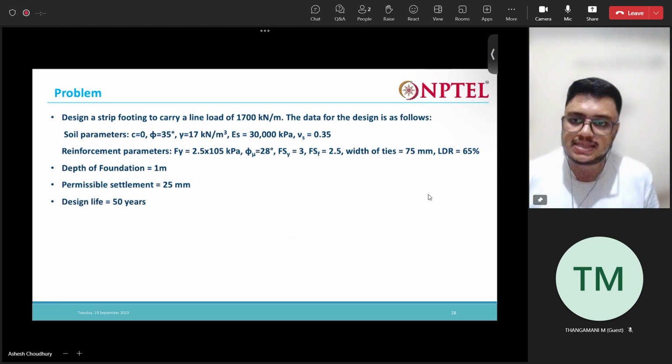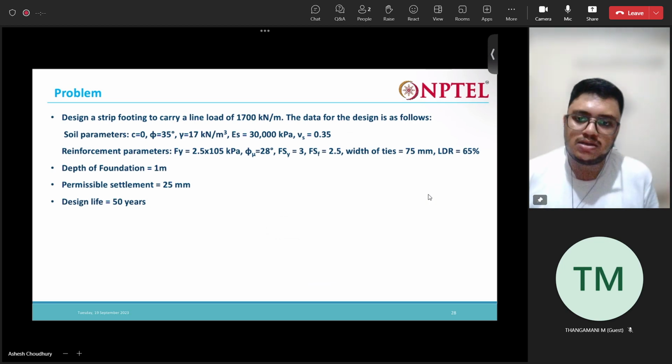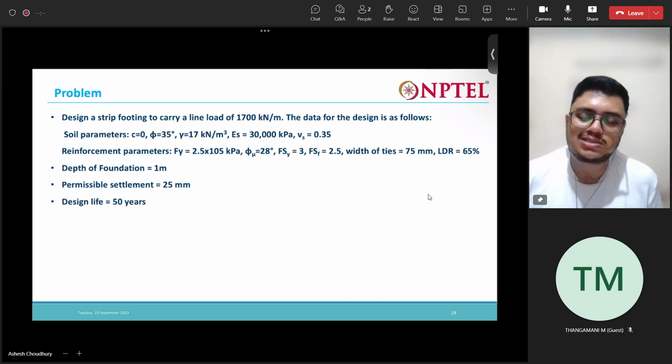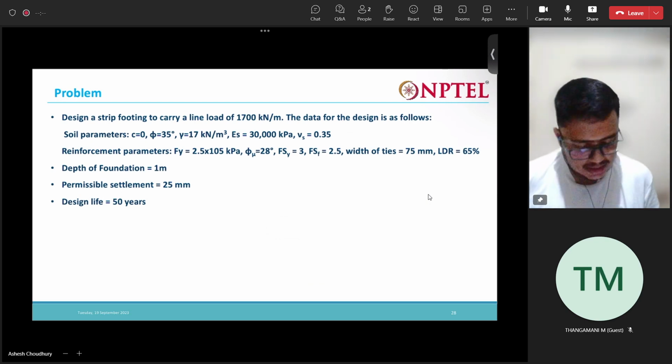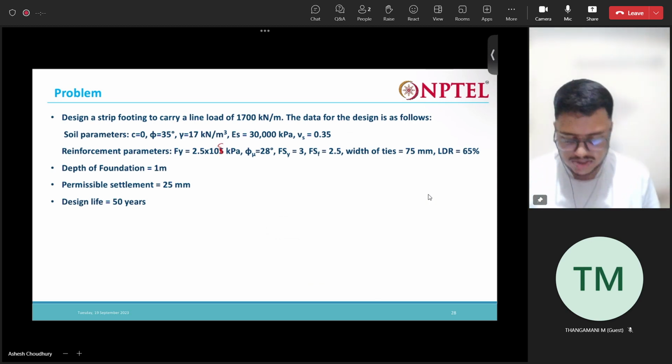Soil parameters are C equal to 0, phi equal to 35, gamma equal to 17. Es is nothing but the Young's modulus of the soil, and mu is the Poisson's ratio of the soil. Then we have the reinforcement parameters: Fy, the yield strength of the reinforcement.